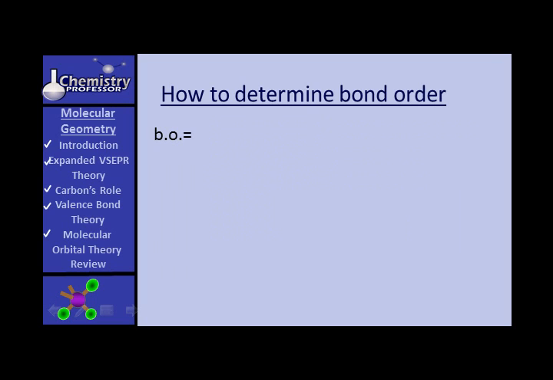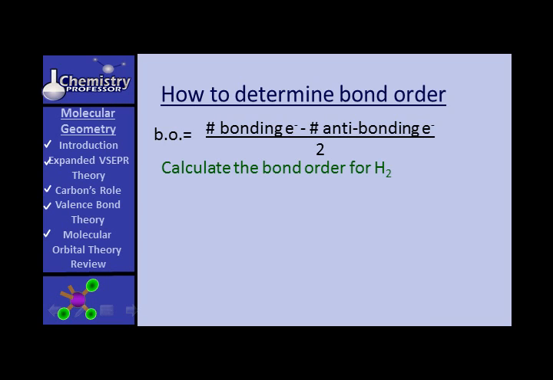Bond order is equivalent to the number of bonding electrons minus the number of antibonding electrons, divided by 2. In other words, what we're looking at is the number of pairs of electrons net that we happen to have in bonding orbitals.